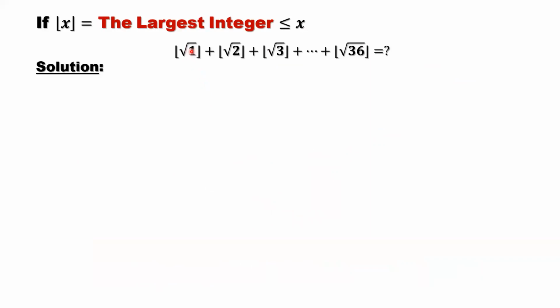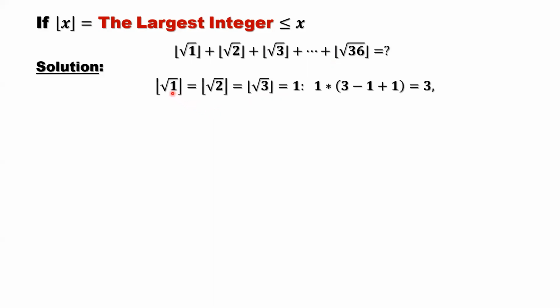We can see that's 1, that's 1, that's 1. If here that's square root of 4, consider its floor function, that's 2. Then you have a bunch of 2s. Then you have a bunch of 3s, 4s, 5s, right? So here we can cut the whole sum into pieces. We can calculate subsums.